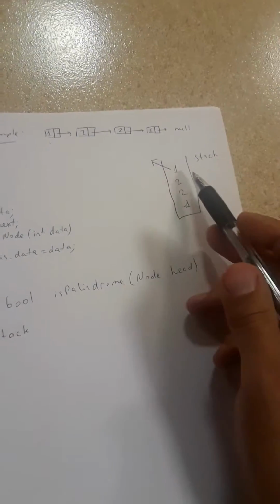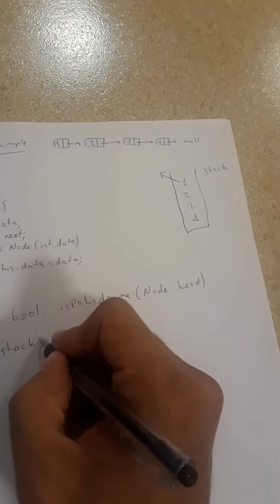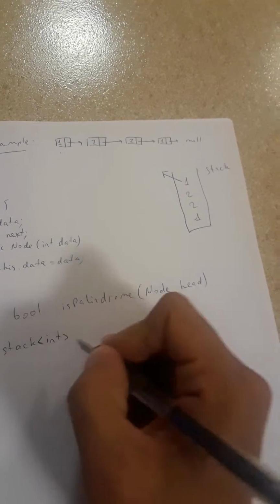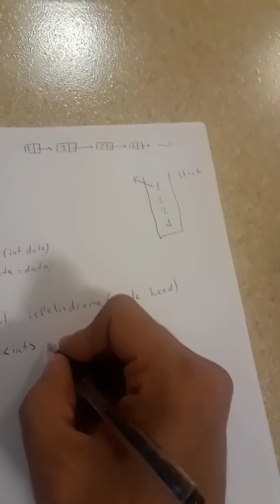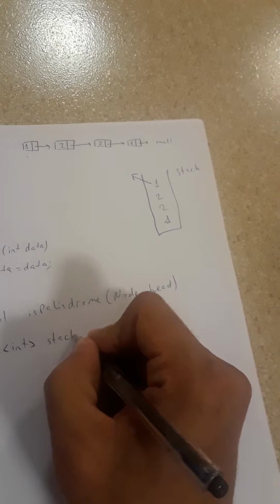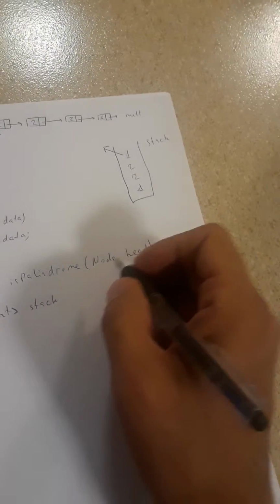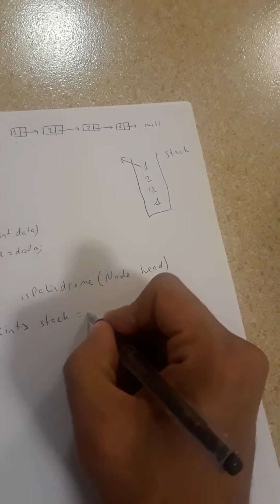So as I showed you in this example, we will implement a stack to solve this problem. So the stack will be for integers, since we are considering that the data inside of nodes will be integers.